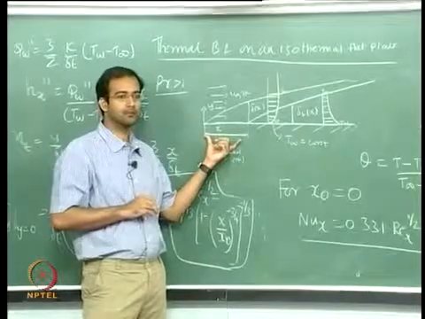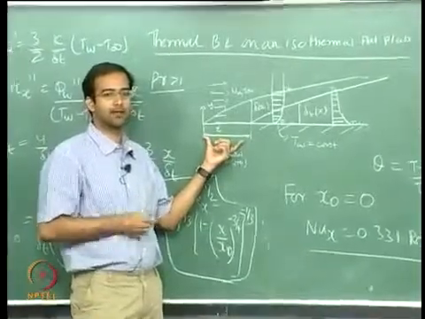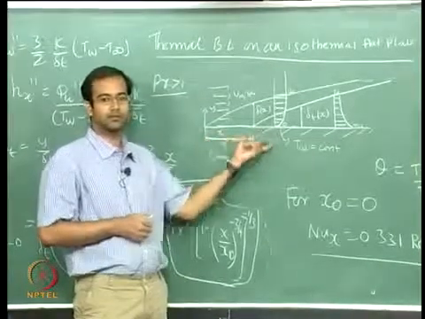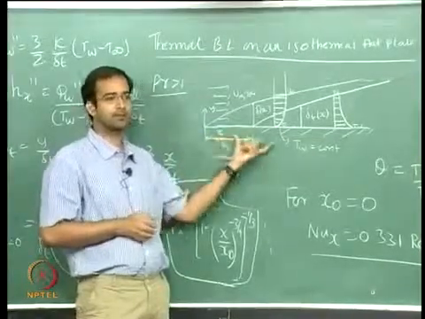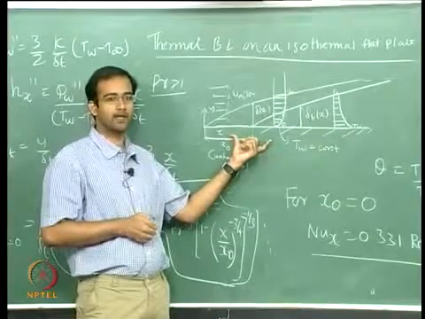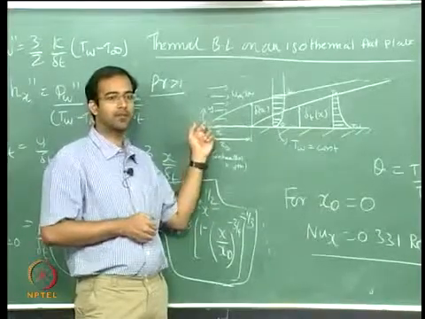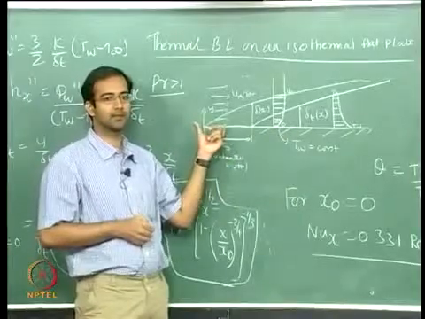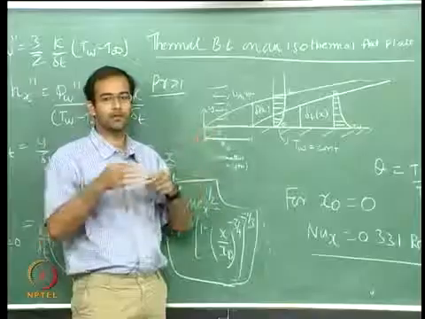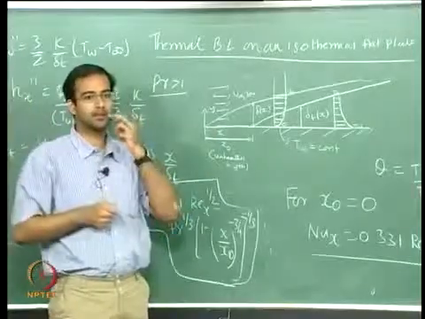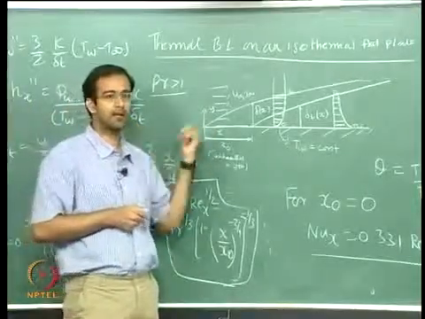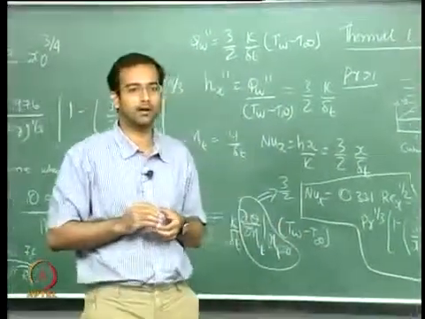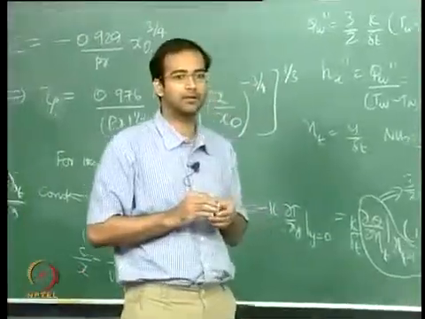it also gives some flexibility in terms of applying variable boundary conditions. For example, we will see later on down the line in a few classes, 3 to 4 classes, that we can use the approximate solution method to take a case where the temperature is varying along the wall. It could be linearly varying, it could be some piecewise constant variation, whatever it may be, that can be handled with the approximate solution, which is quite difficult and which cannot be done in fact with the similarity solution.